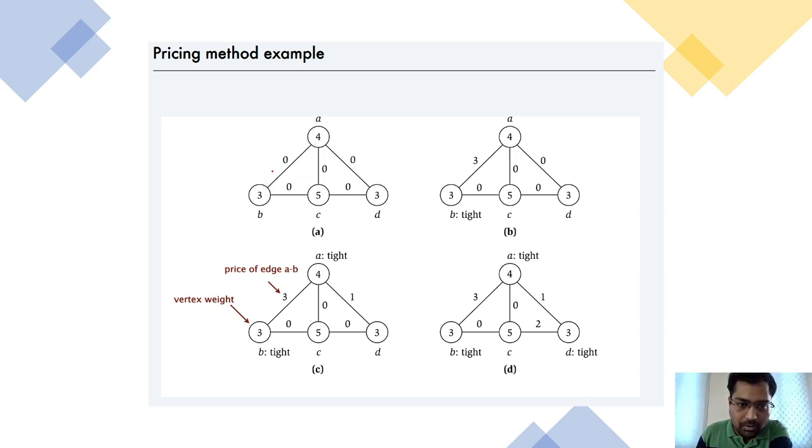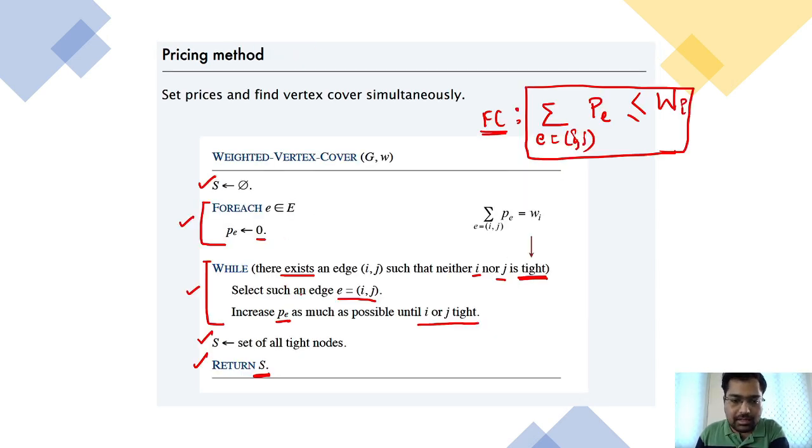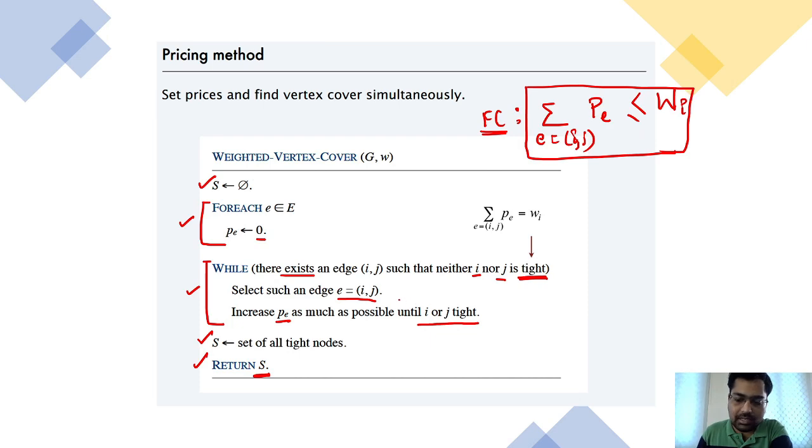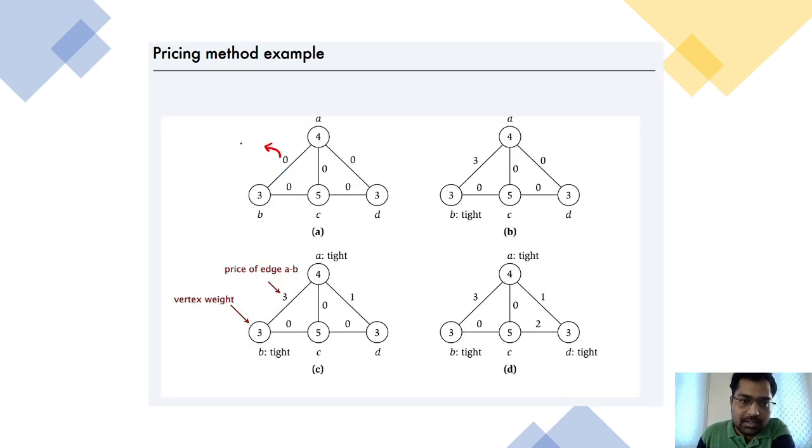So what they have to do: though this value is not equivalent to either B or A, they select this edge and try to increase the price value, meaning the price has to be increased by 1, as it is written. We increase 1 by 1 and check whether it is equivalent to this or not.